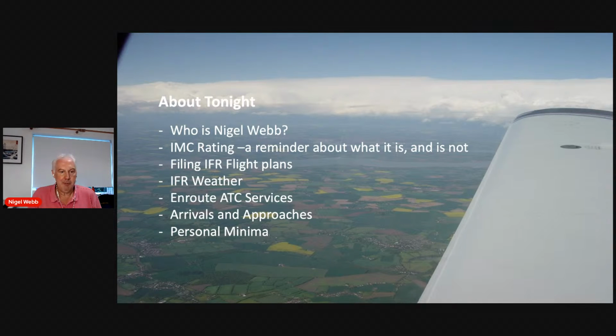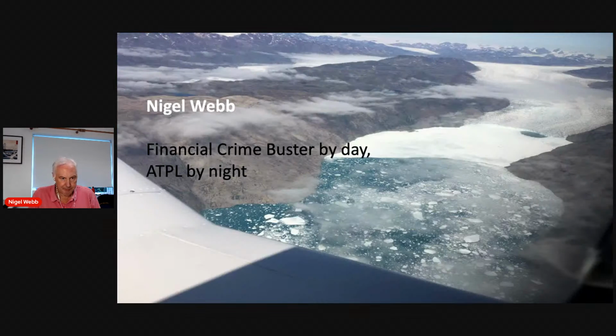Then wrapping up, we'll talk a little bit about the ATC services that are there to support IFR flights and how they work. We'll talk a little bit about the process of arriving and approaching into your destination. And then perhaps the hottest topic of all, what personal minima you should perhaps operate to. Is it okay to blast off into dense fog and still hope you're going to survive the flight intact? So that's a little bit about tonight.